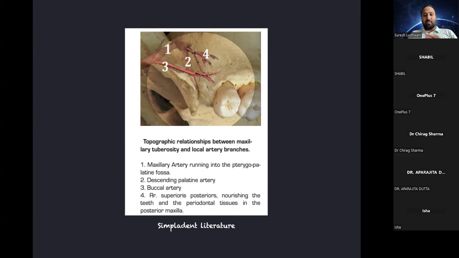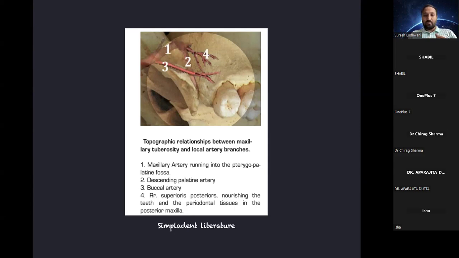But as per Simpleton, there is the maxillary artery, which runs into the pterygopalatine fossa, which I discussed with you, the descending palatine artery, and the buccal artery, but the buccal artery is present along the entire buccal mucosa. So I don't know how it can interfere with our implants, but it's okay. I am supposed to mention everything which is present in the literature to you.